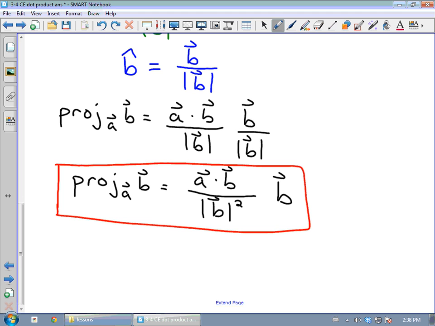So that's the formula that the textbook gives you for the projection of A onto B: A dot B divided by B squared times B. Now they give you a second formula too for the magnitude of that projection.